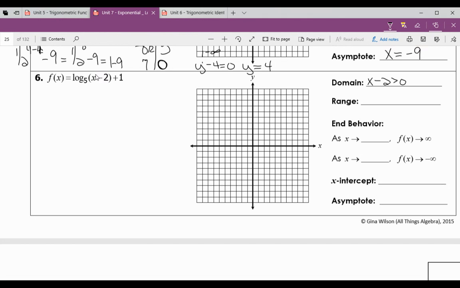I took my group, set it greater than 0, so x is greater than 2. What else do I use that number for? The asymptote. So x is 2. Your range has not changed for any of these problems. And then these we're going to have to get from the graph and the table.